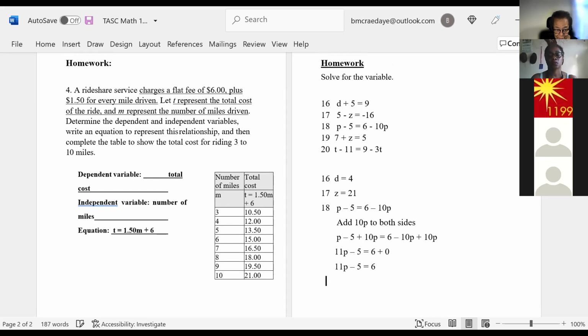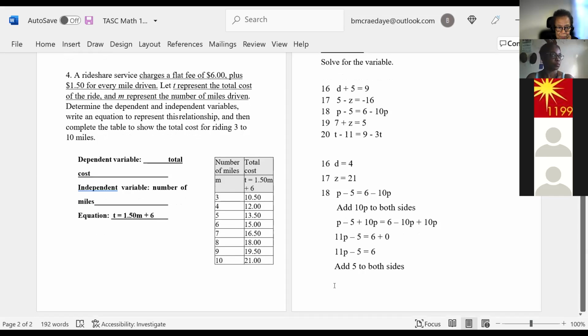You added 5, not 5p. Yes, add 5 to both sides. Okay. And Maureen, you okay? You with us? Yeah. Okay, so we take this 11p minus 5 is equal to 6. Copy it.